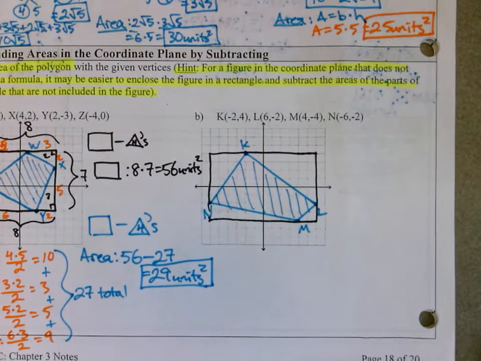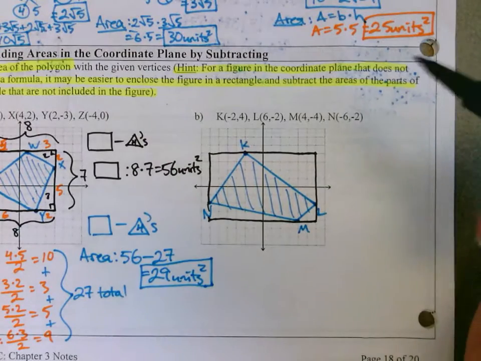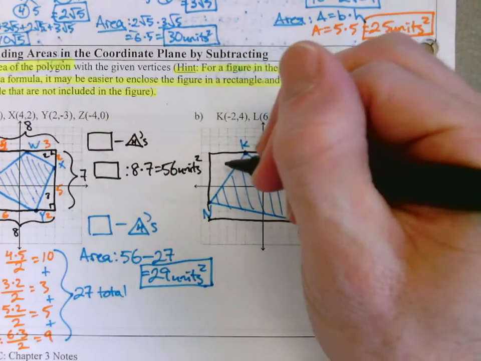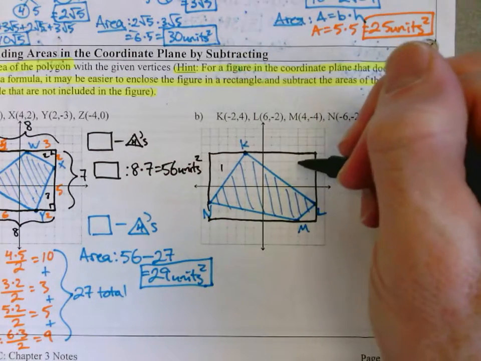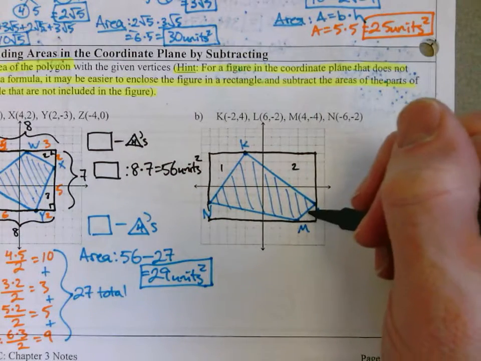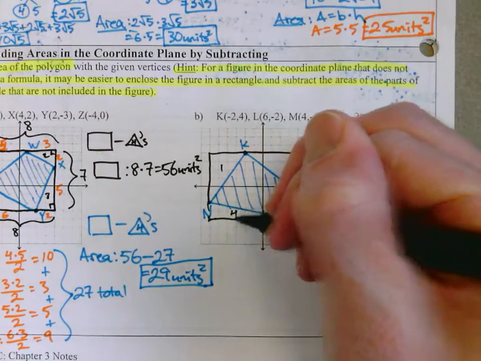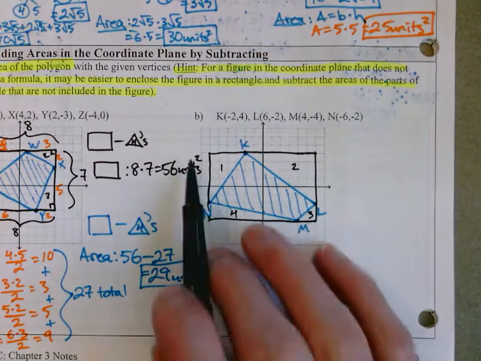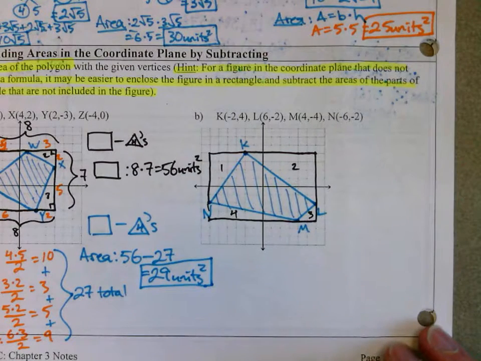Once I have that, I'm going to start counting along the outsides, because you'll notice that we end up with 4 right triangles, which is a shape we know a lot about. I'm going to refer to the one in the top left as triangle number 1, and then triangle 2, triangle 3, and triangle 4. Now don't forget, what we just created was a large rectangle, and so we're going to ultimately want the area of that rectangle as well.